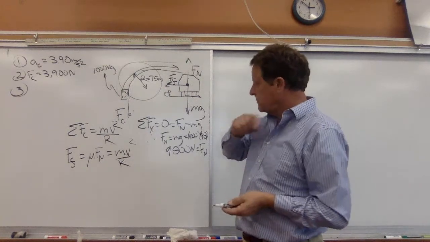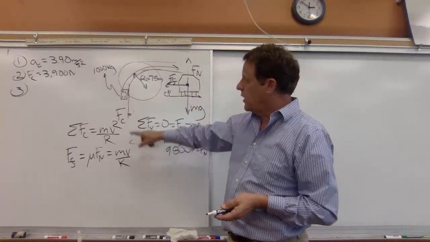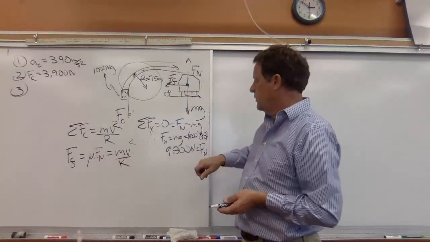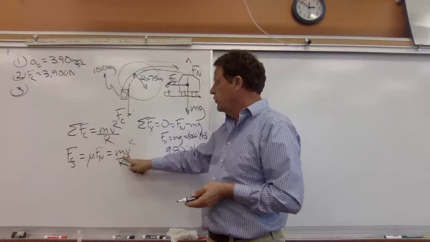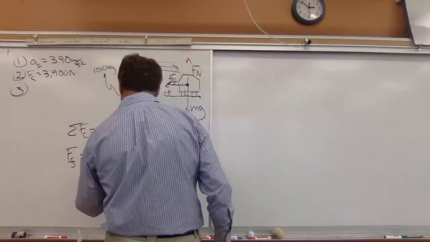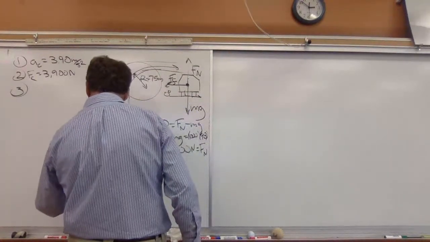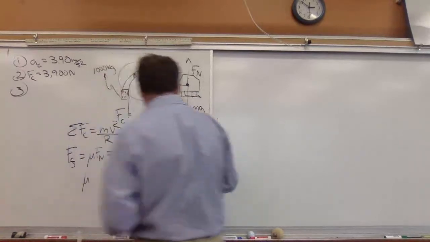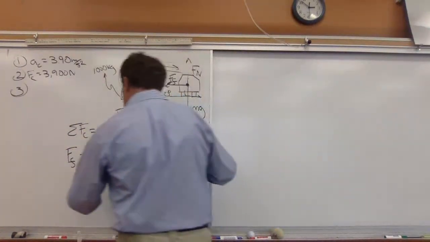So remember, we already figured out that our overall centripetal force was 3,900. And we know that our normal force was 9,800.